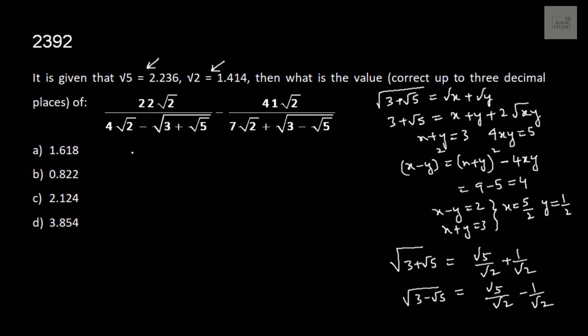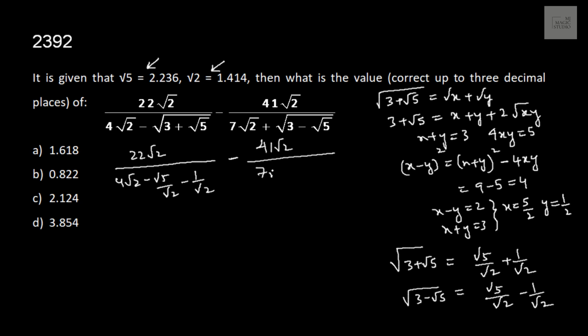So numerator is 22 root 2 divided by 4 root 2 minus root 5 by root 2 minus 1 by root 2, minus 41 root 2 upon 7 root 2 plus root 5 by root 2 minus 1 by root 2.